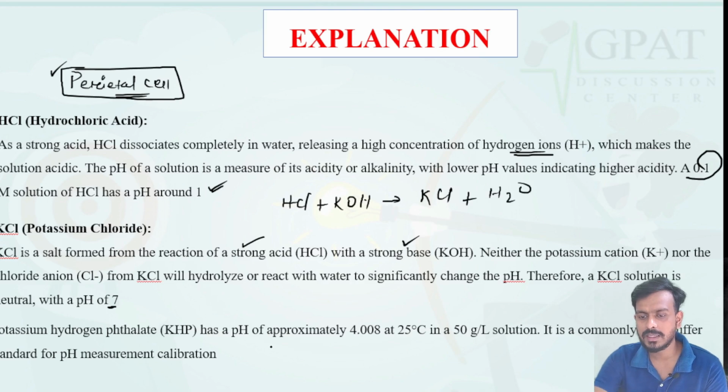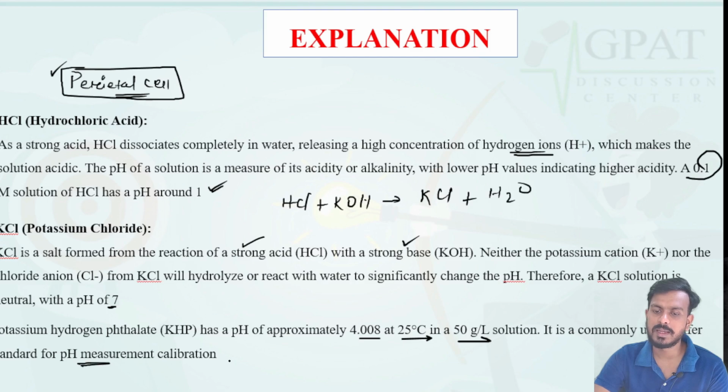Potassium hydrogen phthalate has a pH of approximately 4.008 at a temperature of 25 degrees, in a 50 gram solution. It is a commonly used buffer standard for pH measurement calibration. So this is basically used for calibration.